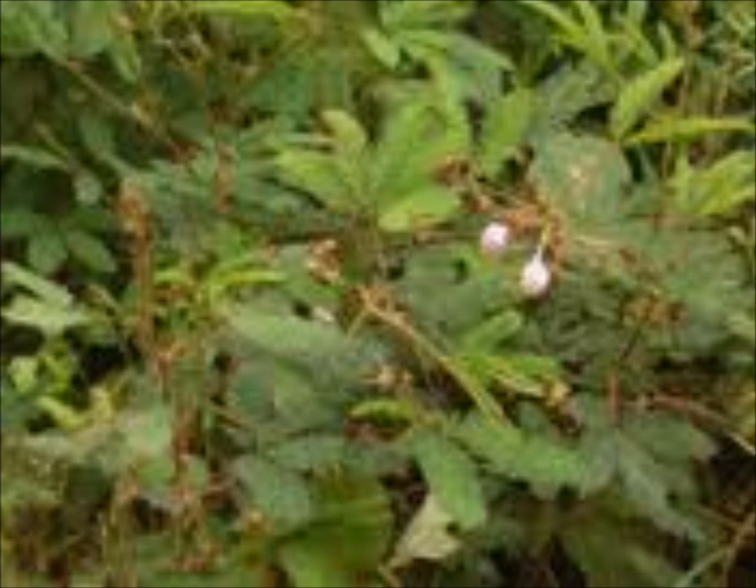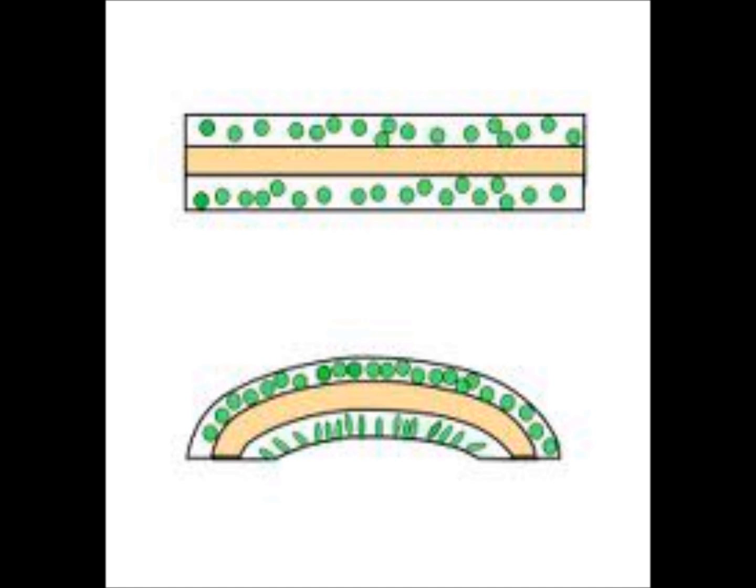Based on the kind of stimulus, tropism is classified into several types, namely phototropism, geotropism, hydrotropism, thigmotropism, and also chemotropism. Okay, we go to phototropism. The example is the shoot tip grows toward the light. So, if the light comes from above, then the plant will grow upright.